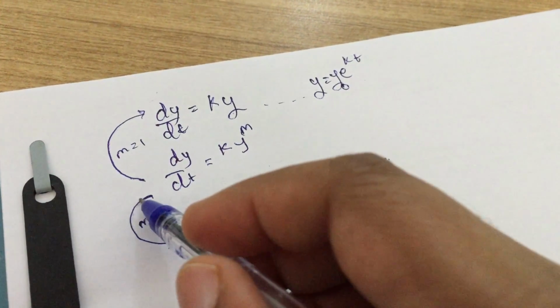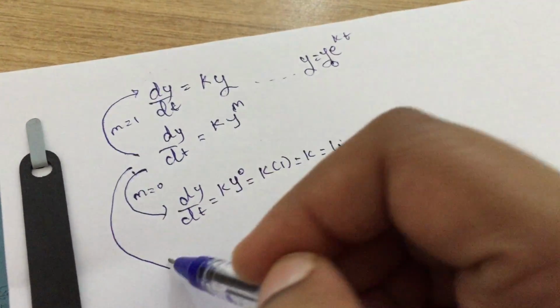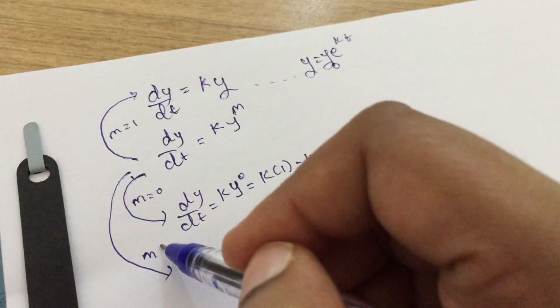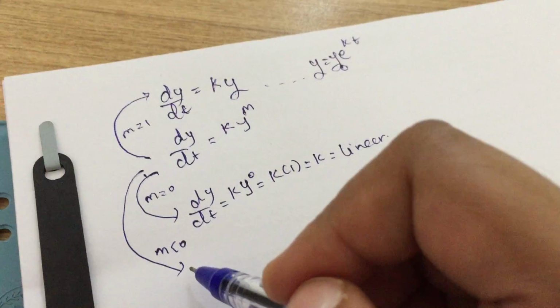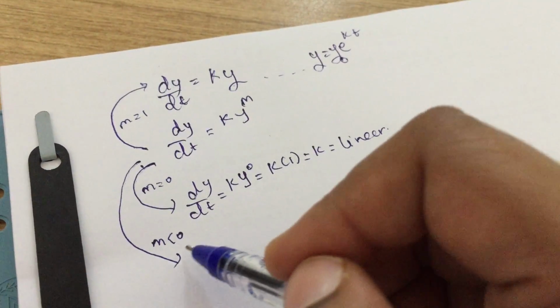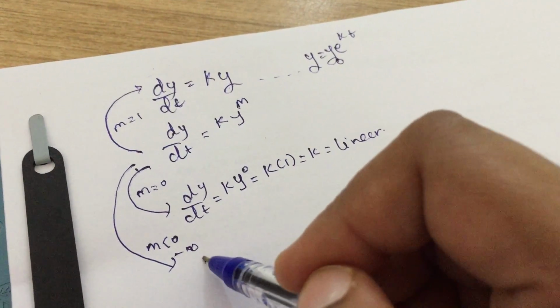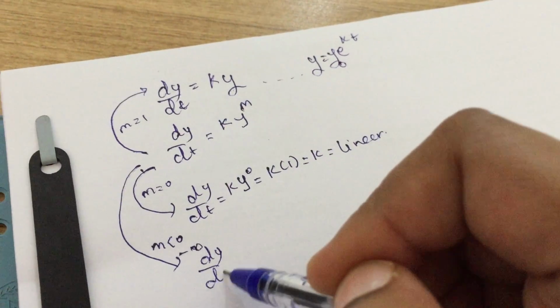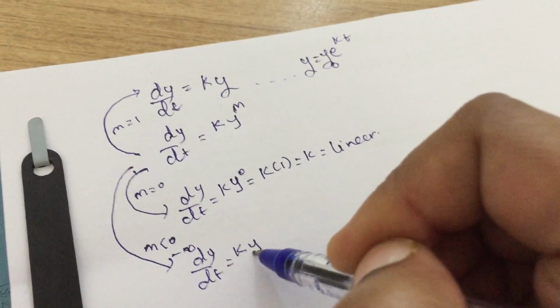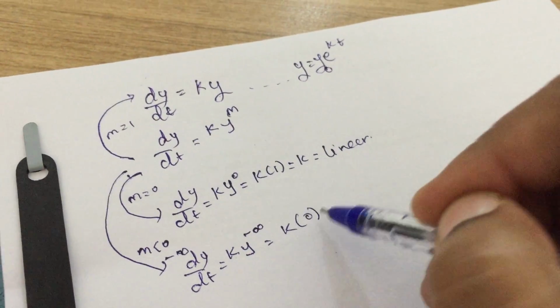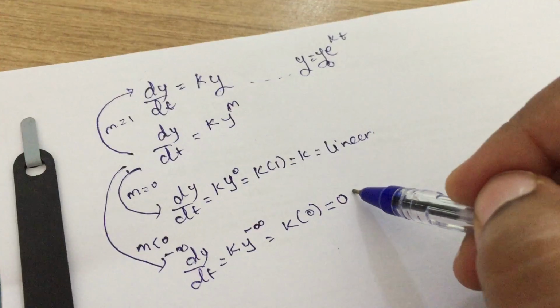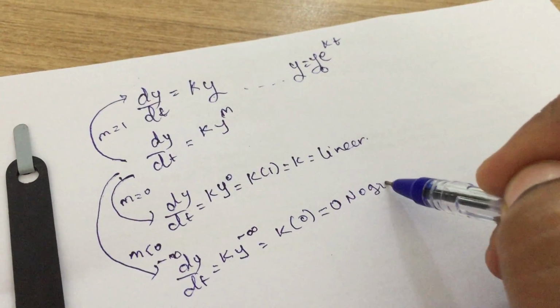And if m is less than 1 and negative, and becomes very, very large and goes to negative infinity, you get dy by dt equal to k y raised to negative infinity, which is k0, equal to 0, which is no growth.